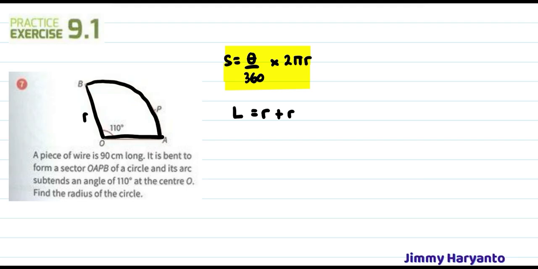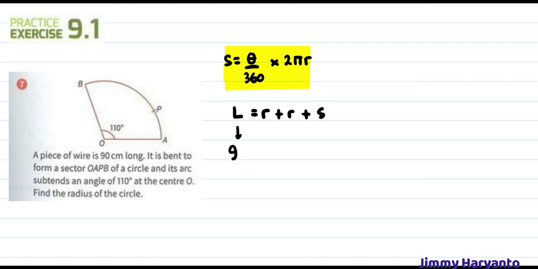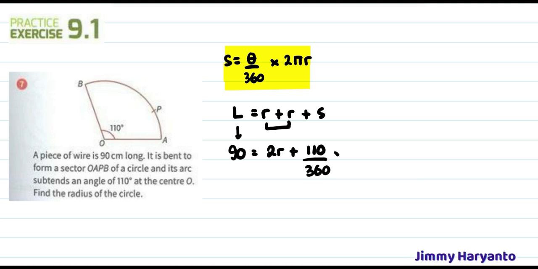And this one also the wire, so r plus r plus s, or you can say the perimeter of the region. And then just input the data. We have 90 for this one, and we don't know the r, just leave it like that. We can combine r plus r equals 2r, plus the theta, which is 110, over 360 times 2 pi r.